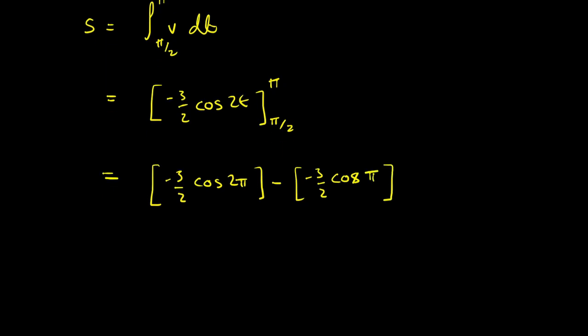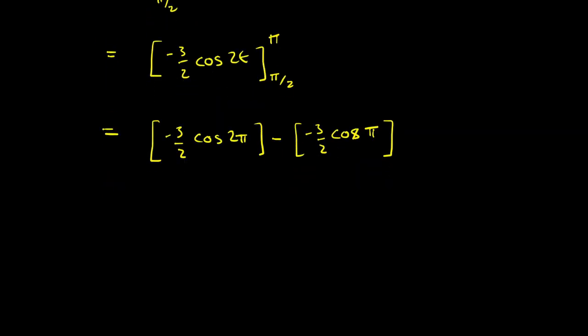And what's cos 2 pi? Cos 2 pi is positive 1. So this is negative 3 upon 2 times 1, minus, what's cos pi? Cos pi is negative 1. So we've got negative 1 times negative 3 upon 2, which is positive 3 upon 2.